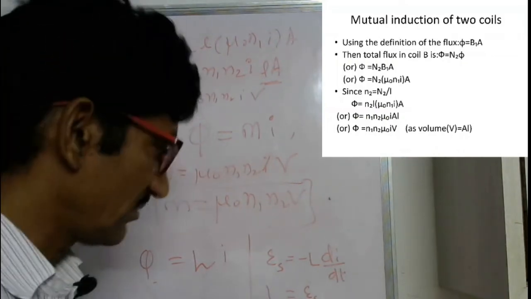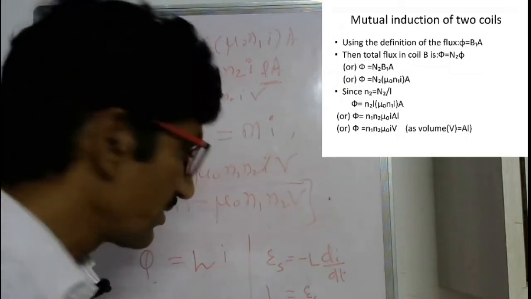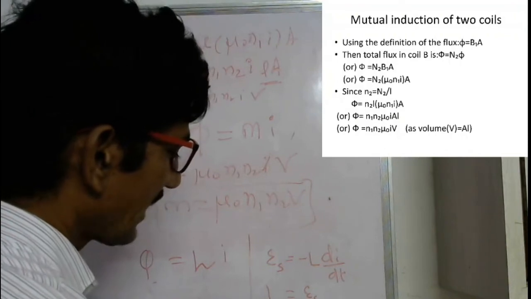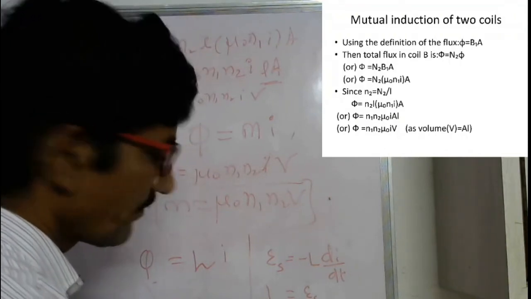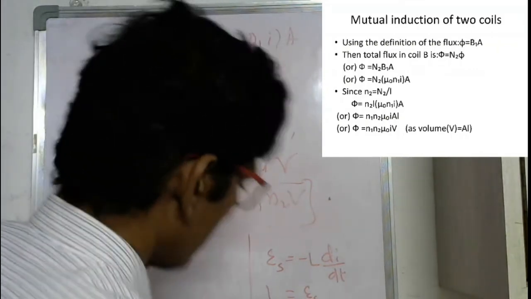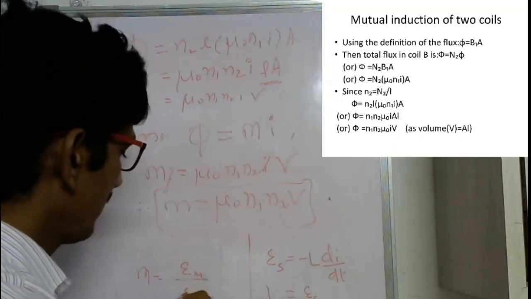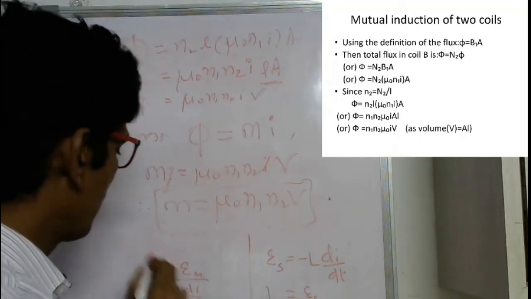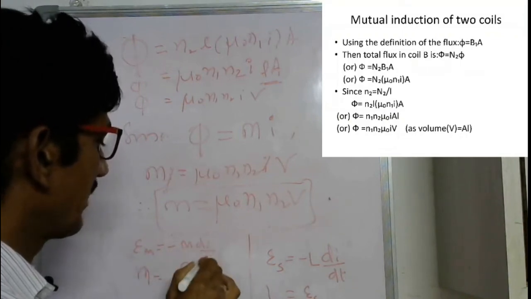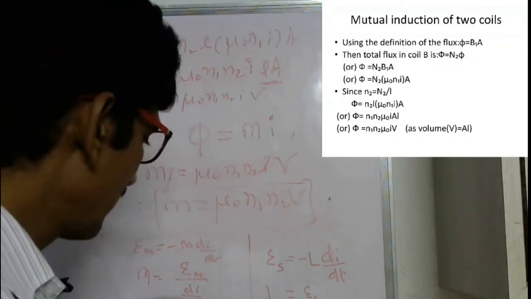in that coil. Similarly, in case of mutual induction, here you have M is equal to Em by di by dt. Why? Because Em is equal to minus M di by dt. That's why M is equal to Em by di by dt.